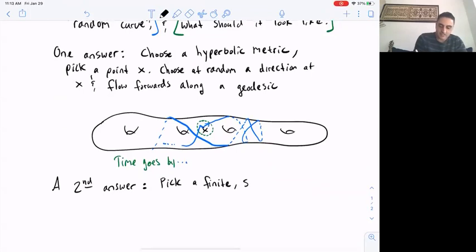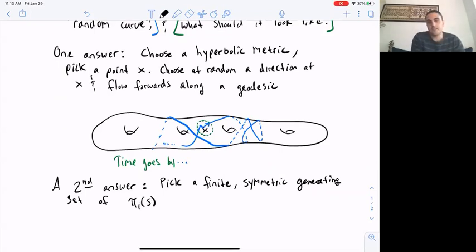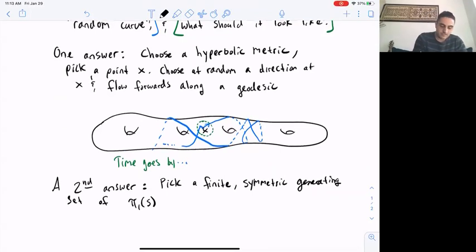Okay, so pick a generating set, let's say finite, and let's also say symmetric, which means that I include an element and its inverse in the generating set whenever I include an element at all. Generating set of pi1 of the surface, okay? And then once I do this, I get a Cayley graph. So consider the corresponding, the associated Cayley graph.